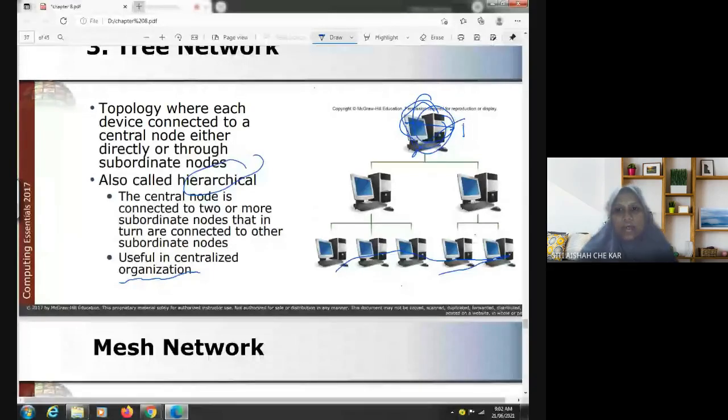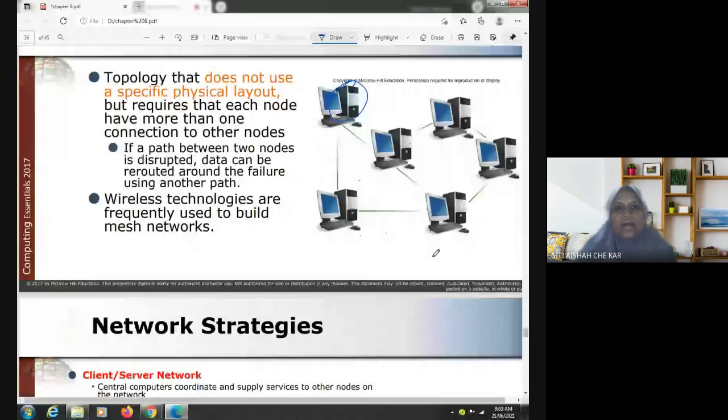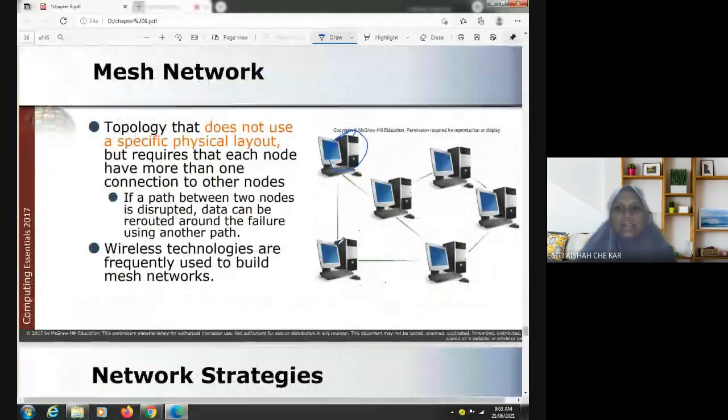Same with this ring. If one of the nodes in this ring is damaged, automatically the rest of the network, the circle, cannot be used. So that is why this is offered by the mesh network. We cannot see a certain pattern here. Okay, this one is shaped like a ring, this one is half star and so on.